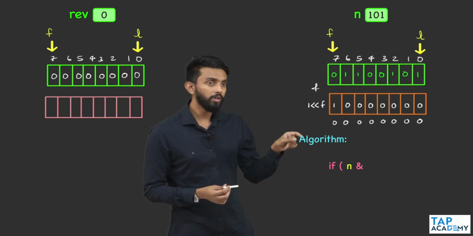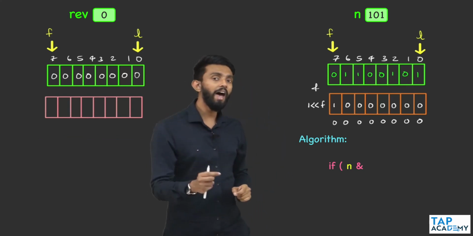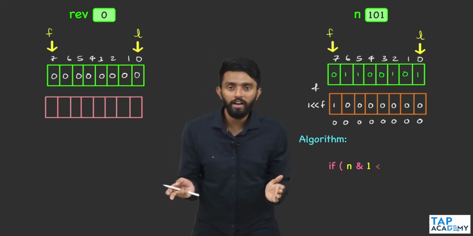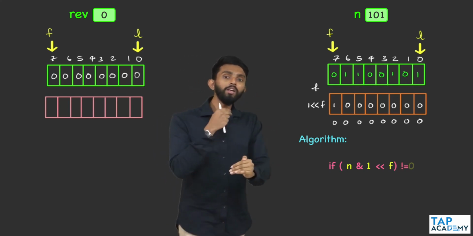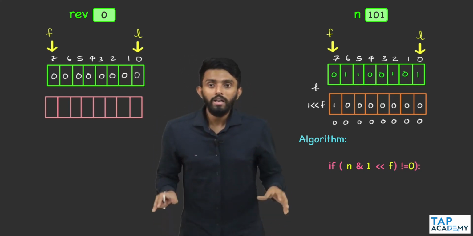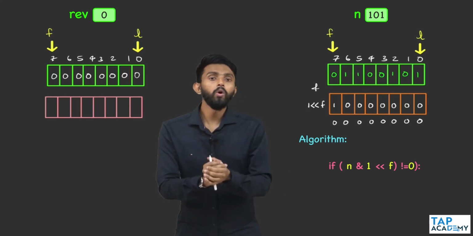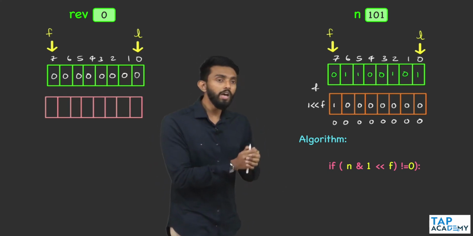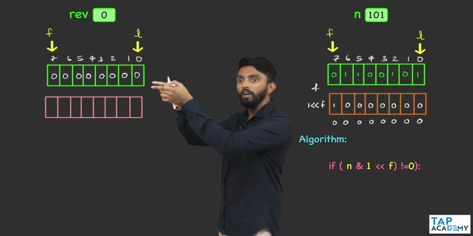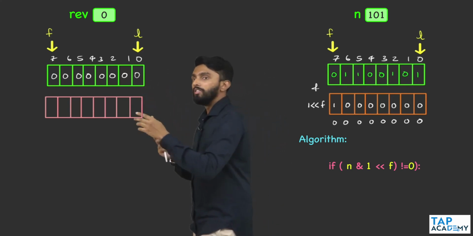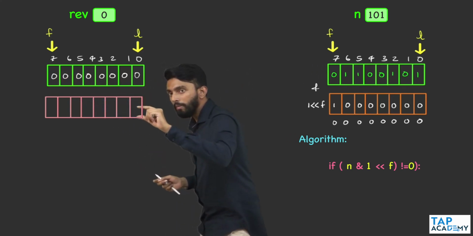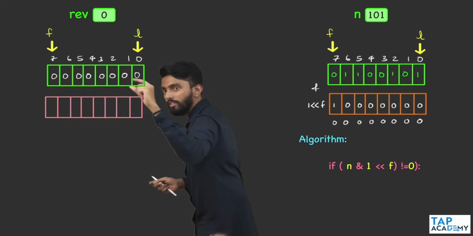Now that's what I am also telling. If in case n and 1 left shifted by f times is not equal to 0, then what should you do? What you have to do is, you have to now in the reverse, this bit should become 0 here. In reverse, this bit should become 0.